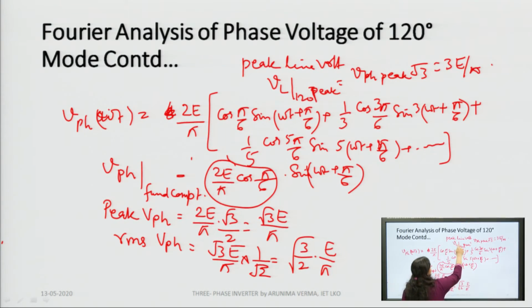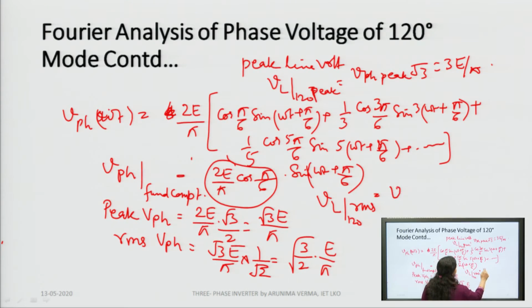And to add on to this, for VL 120, instead of peak we will take the RMS value. How do you calculate RMS? That is VL peak upon root 2, isn't it?